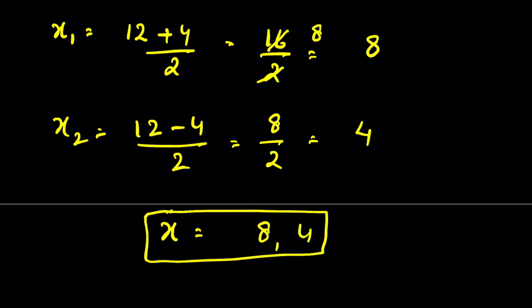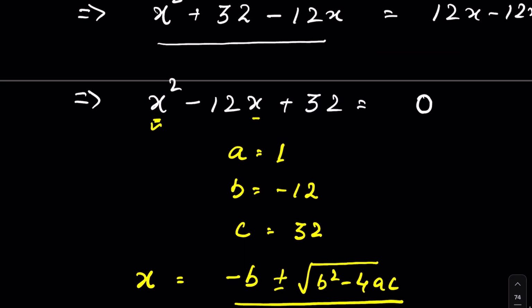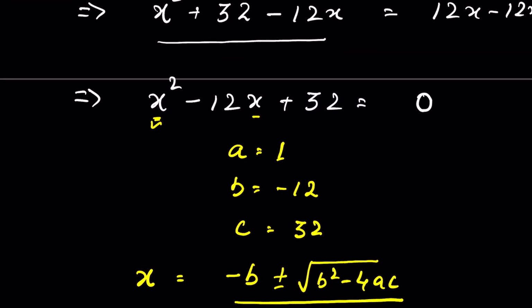Now there is another easier method which you can use to find the roots for x. That's called the hit and trial method, where we factorize this equation. Now you see we have x squared minus 12x plus 32, and as I said, we have to find two numbers whose product should be equal to c and whose sum should be equal to b, that is minus 12.